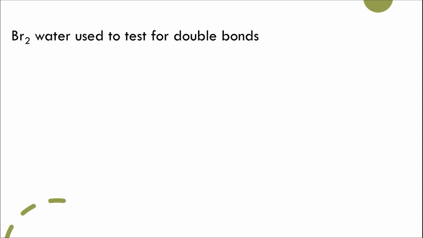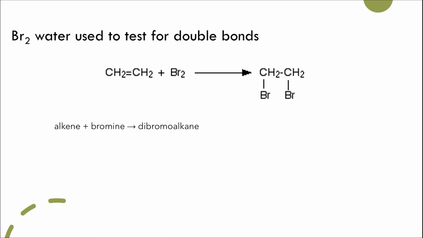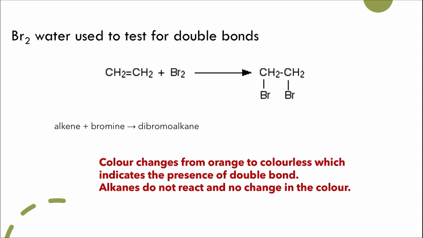This reaction is very useful to test for a double bond because bromine can be added to an alkene, and the bromine will react with the alkene to give you the dibromoalkane. Bromine water is orange in color, and you can add a few drops to test whether your substance contains an alkene, or whether it contains a double bond or not.